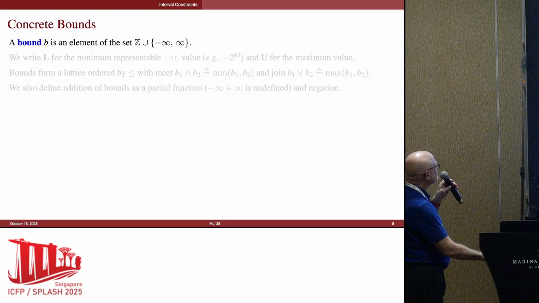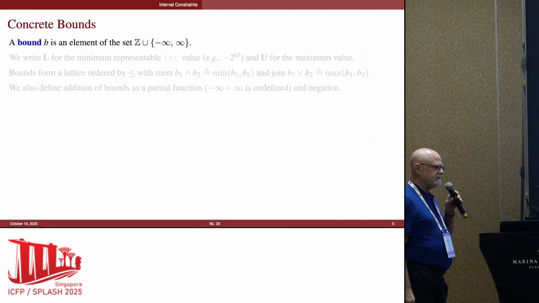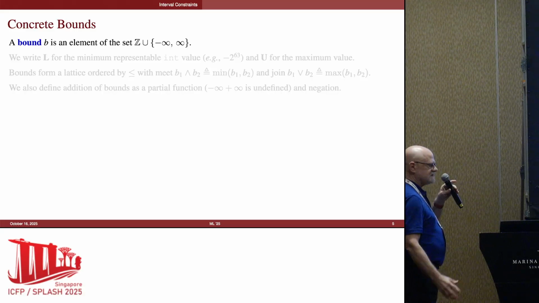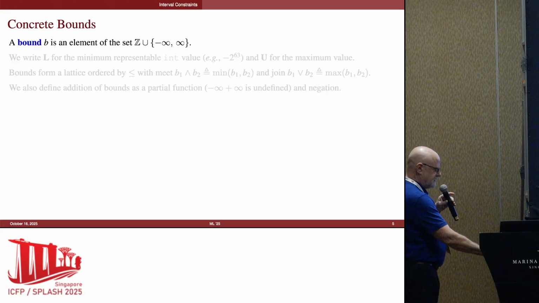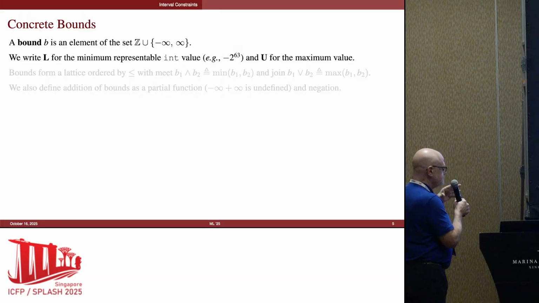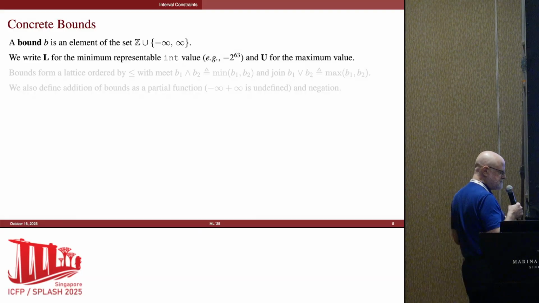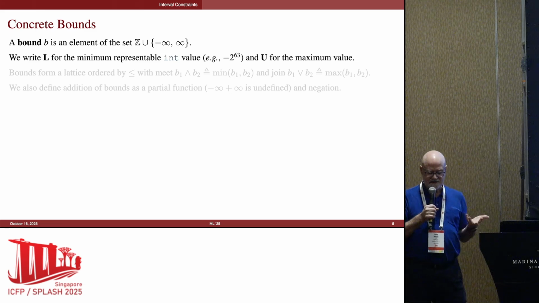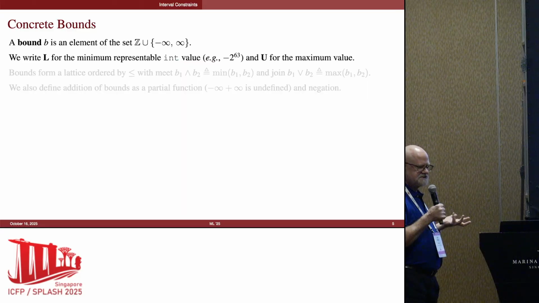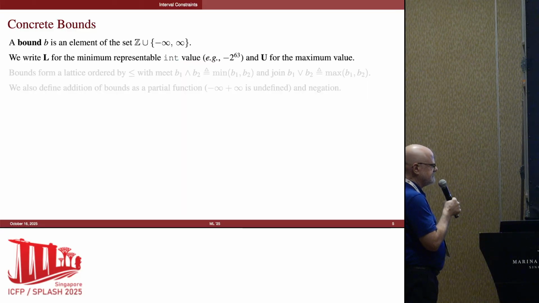So we start with this idea of bounds, and basically bounds are just integers, and we extend the integers with a bottom and top element with negative and positive infinity. Because we're working in the world of machine hardware, we typically have finite precision integers as our default integer type.